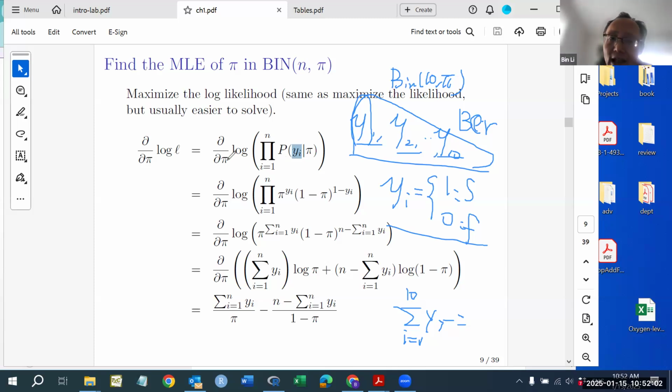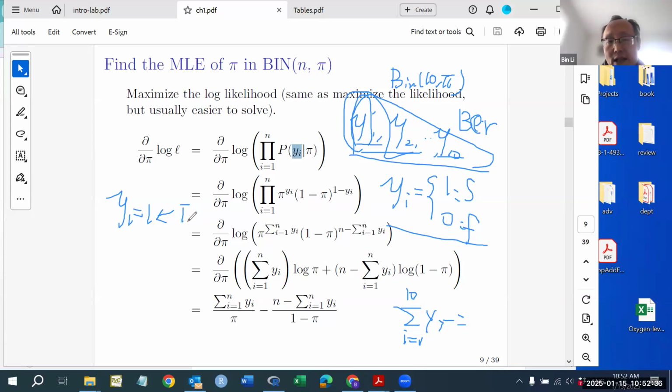Okay? So we want to find out the MLE. So what is the likelihood function? The likelihood function is, we observed the y's and we want to find out the pi, right? So here for each trial, let's say for the first one, if y1 equals 1 is success, what is the probability of observing y1 is 1?